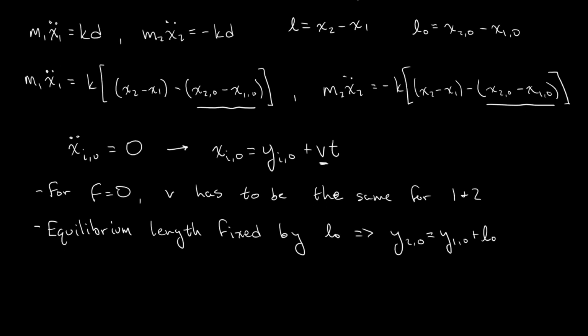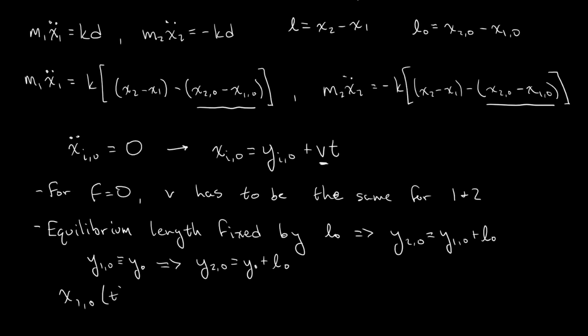So I'll just define y10 as y0, and then that tells me that y20 is just y0 plus L0. So now I have these expressions for x1,0 and x2,0.